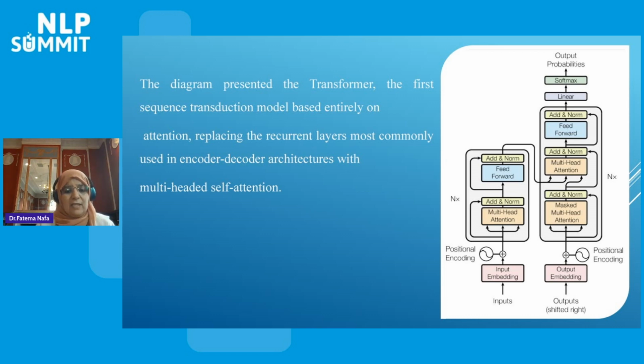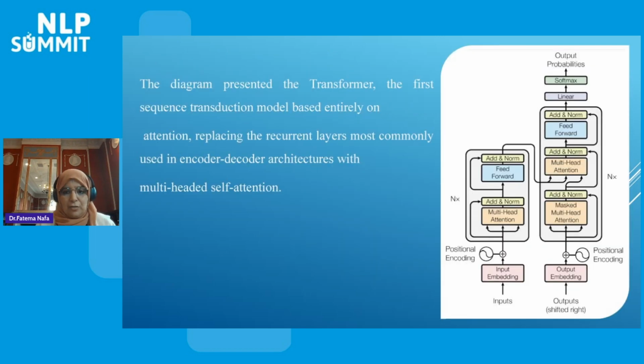We are replacing the recurrent layers used in the encoding and decoding architecture with multi-headed self-attention. You can see here the input of the model on the left side, and this is the output. All the mechanisms of how the transformer works are detailed in the paper.